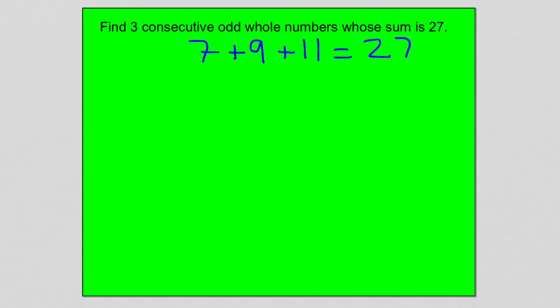So those are 3 numbers. They're consecutive, which means one after the other, and they're odd whole numbers. Odd, so 7, 9, 11. And those numbers add up to 27.